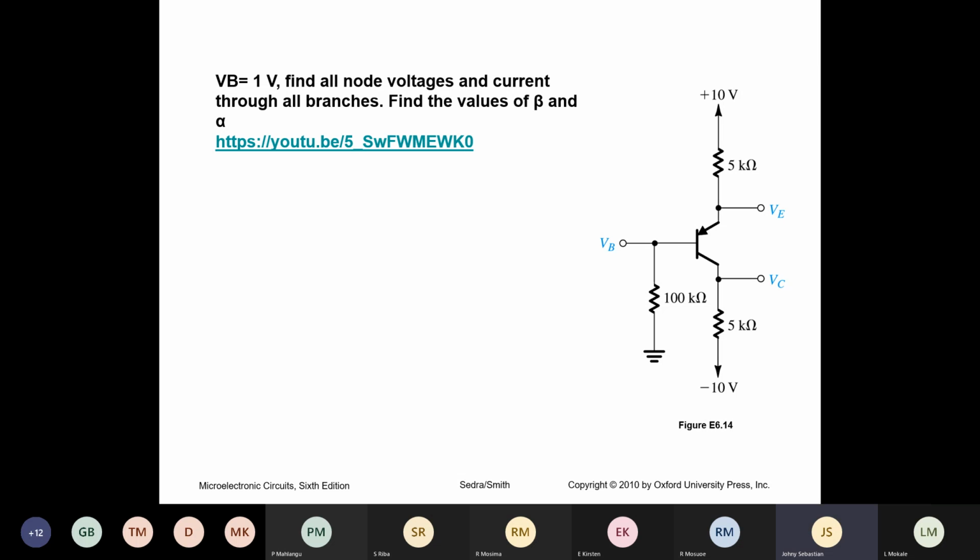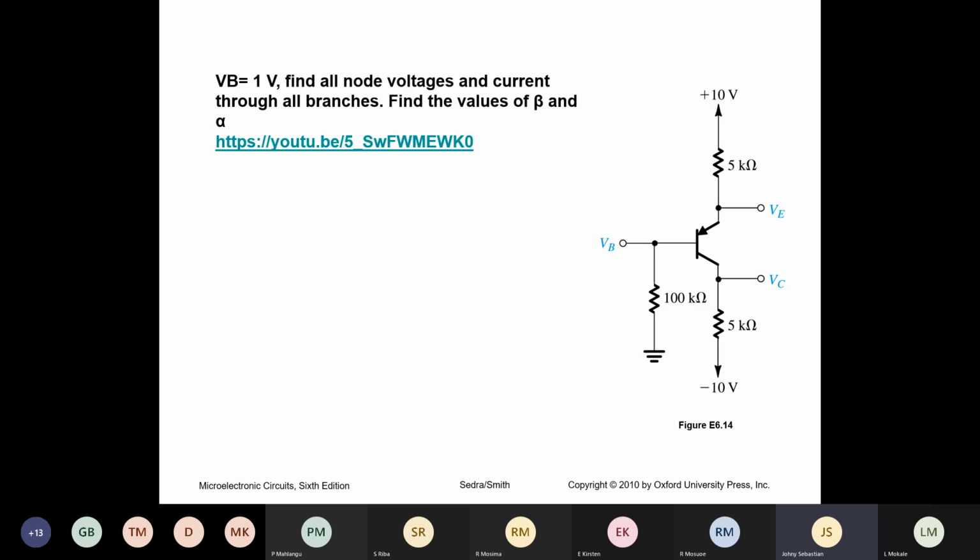Now, going back to this problem. Out of all these circuits, we only knew one value, that is VB equal to 1. Using that value, we found the current through 100K. Remember, VB is just a voltage that is given to us.